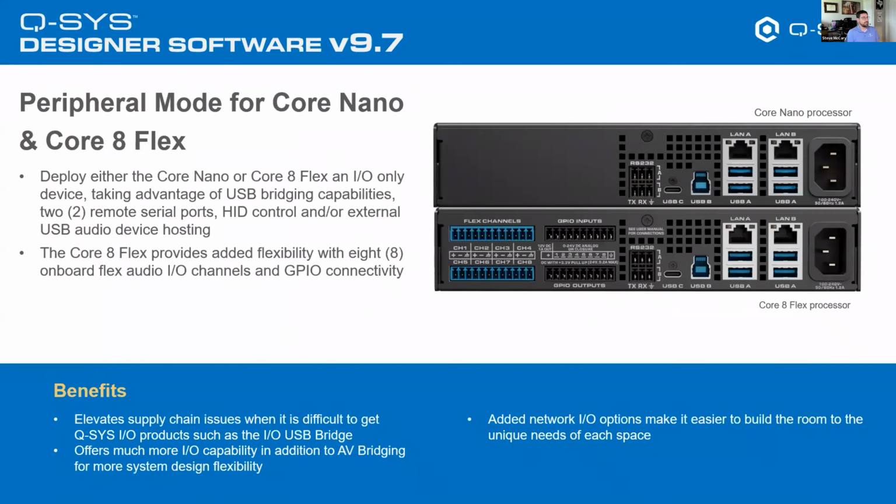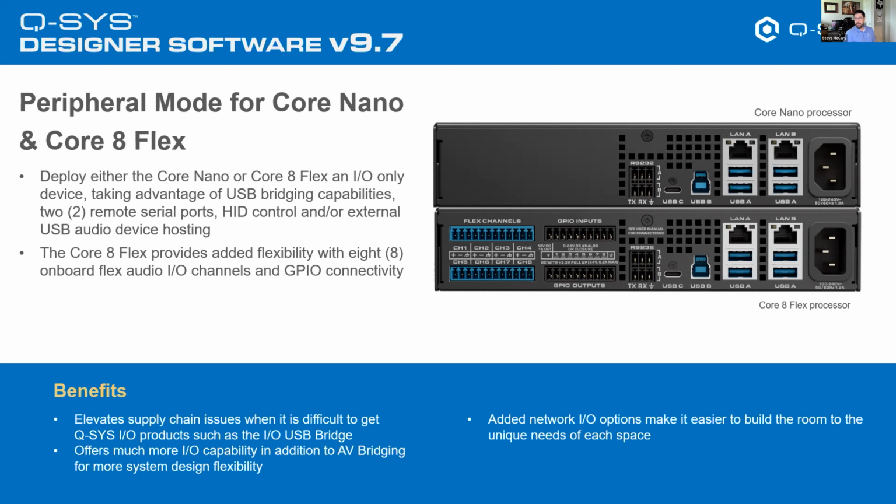Okay, so the other things that we're going to talk about is peripheral mode for the Nano and the 8 Flex. With the supply chain issues that we've been having with the IO USB bridge, along with the fact that we've had some issues as far as QIOs and things like that, this is now a new way where you can take a piece of equipment that you may already have or that we can fairly readily make and turn it into a peripheral.